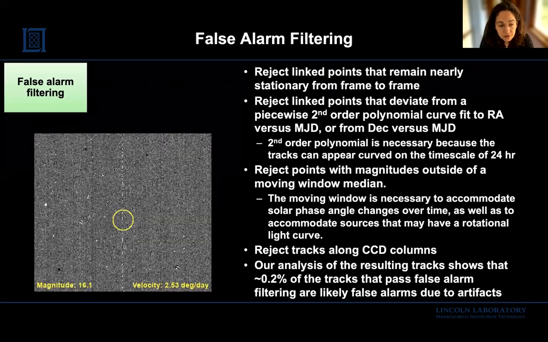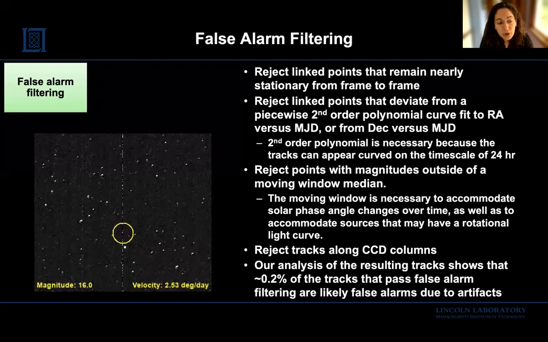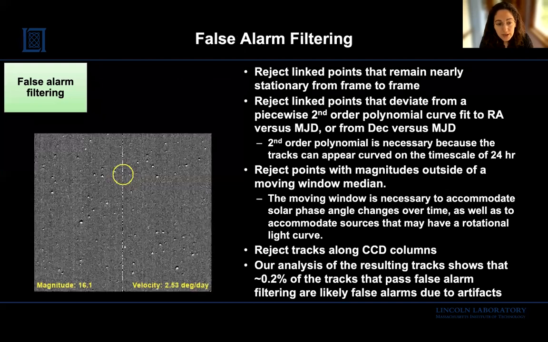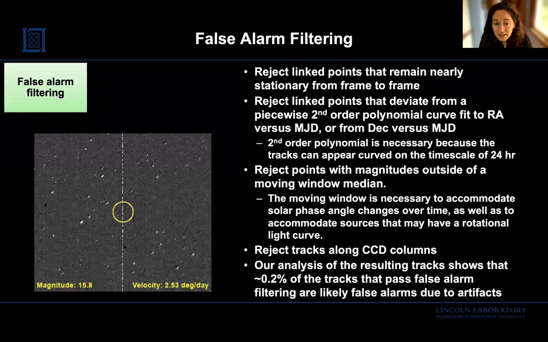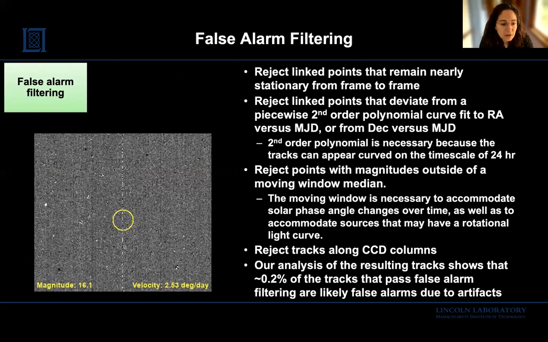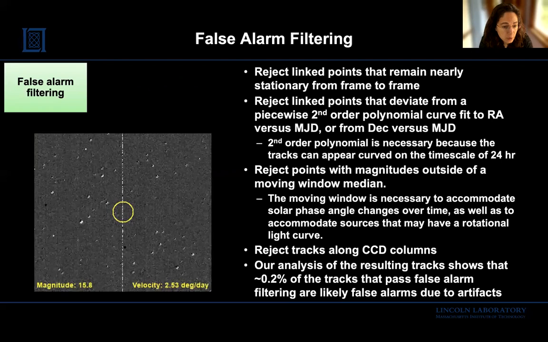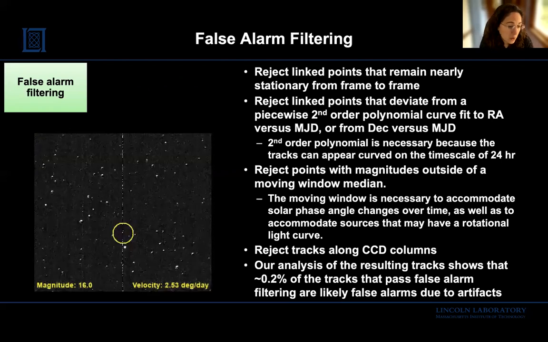Some of our criteria for false alarm filtering: we reject anything that remains nearly stationary from frame to frame. We reject points that don't follow a piecewise linear curve to RA versus MJD or Dec versus MJD. The second order polynomial is necessary because the tracks can appear slightly curved on the timescale of the 24 hours in which we're using our detections. We use the magnitudes. We reject points with the magnitude outside the moving window.